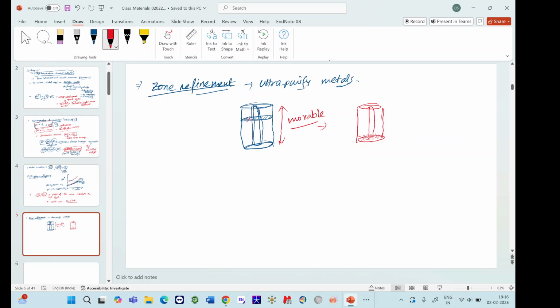Then again you are heating and cooling the other part, so that is why it is shifting side by side to one specific part, and then you can cut it off and you can get ultra pure metal. Okay, and these are very much applied in electronics.